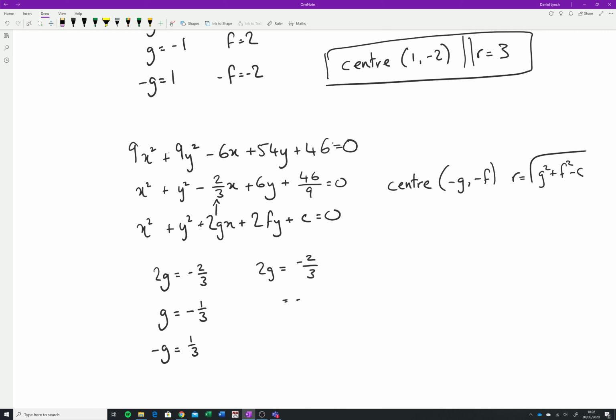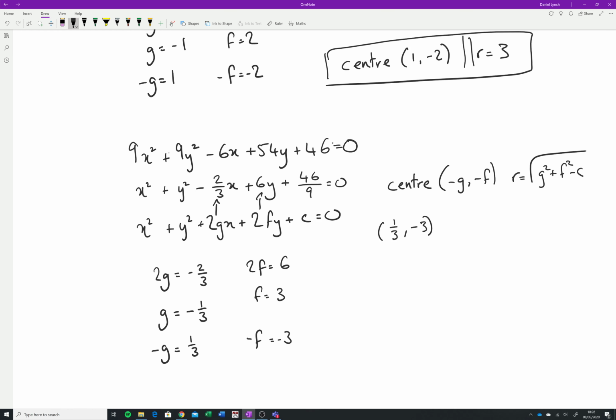I would have no problem with you doing that. The next bit is that my 2f is equal to 6, so f is equal to 3, and minus f, the thing that we want, is minus 3. There we go, we have the center. The center is minus g, which is 1/3, minus f, which is minus 3.